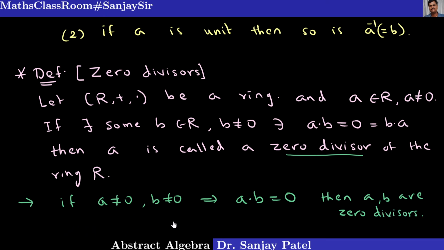This condition I can write in an equivalent form as: if A into B, taking the negation, is not equal to 0, implies A equal to 0 or B equal to 0. So we have A and B not equal to 0, but either A is 0 or B is 0.